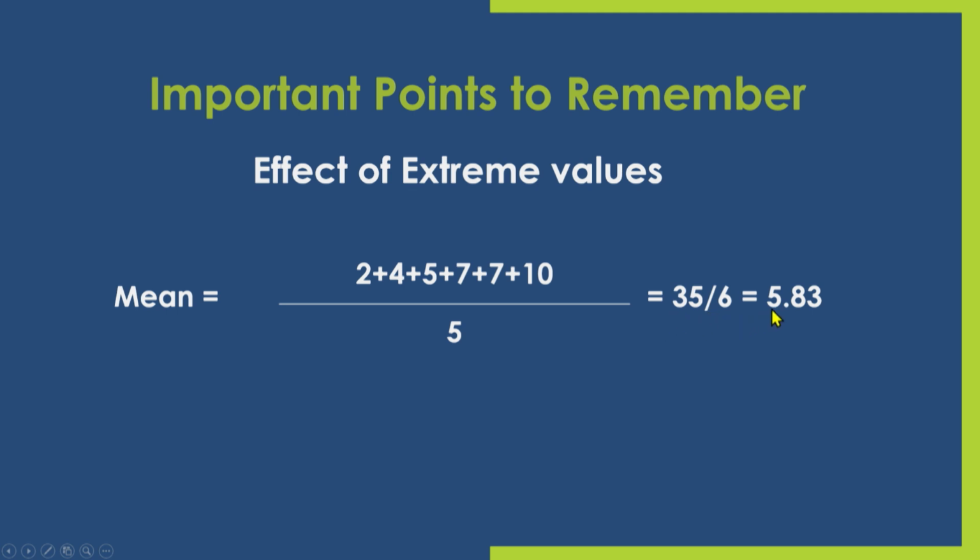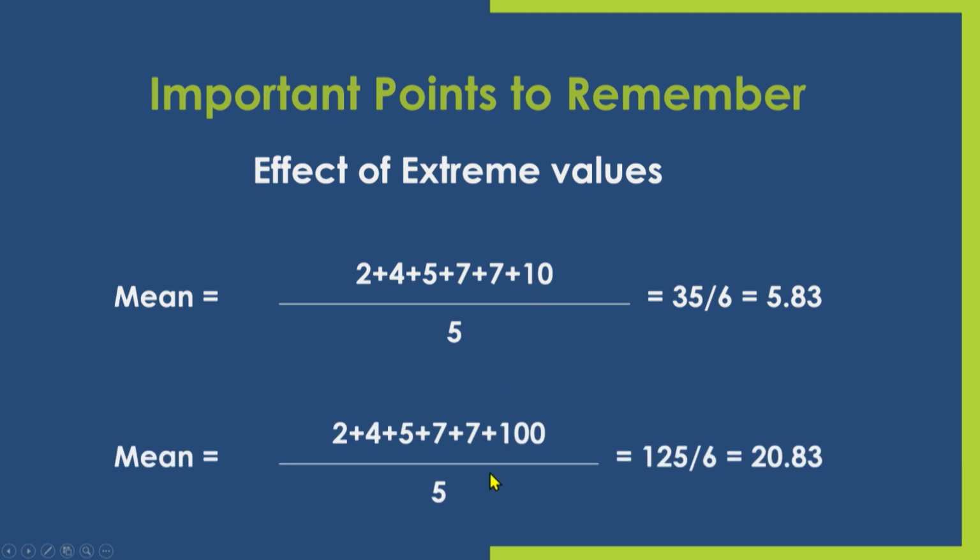The mean value is 5.83. Suppose instead of 10, the observer wrongly entered 100, then you get 125 divided by 6. So we get 20.83 as the average. So, extreme values will affect the mean value.